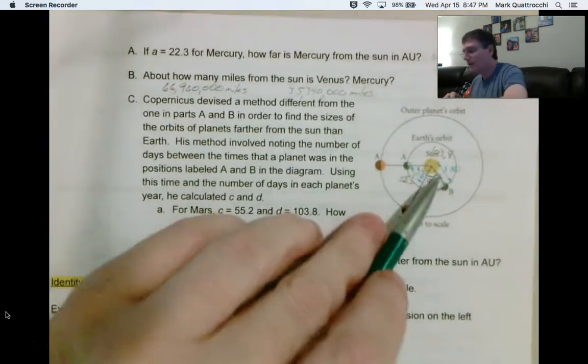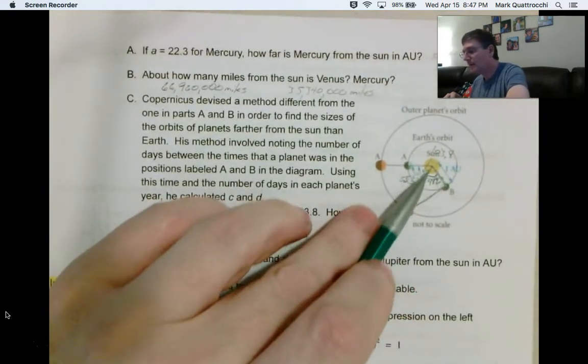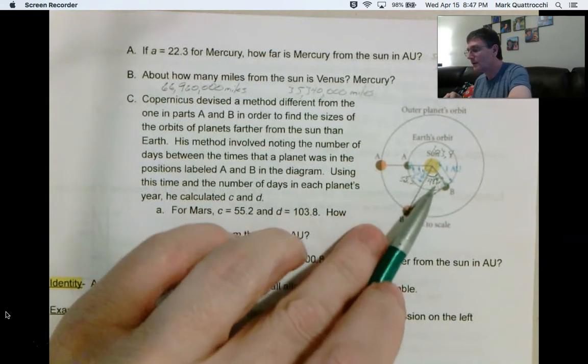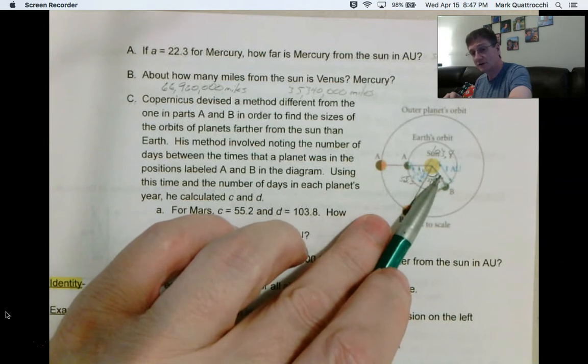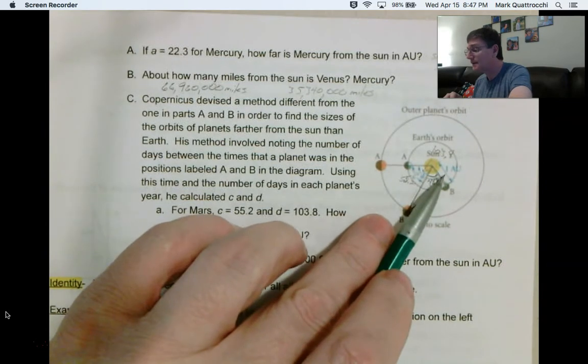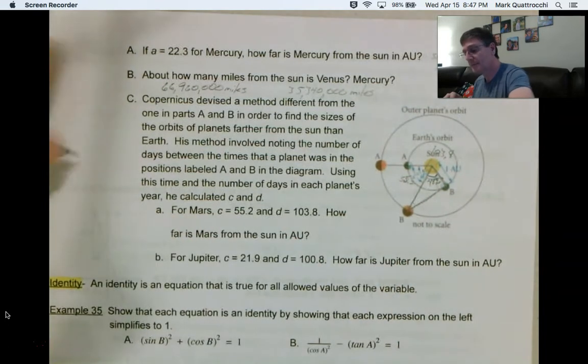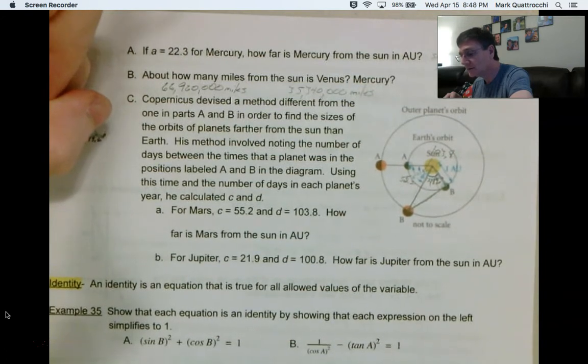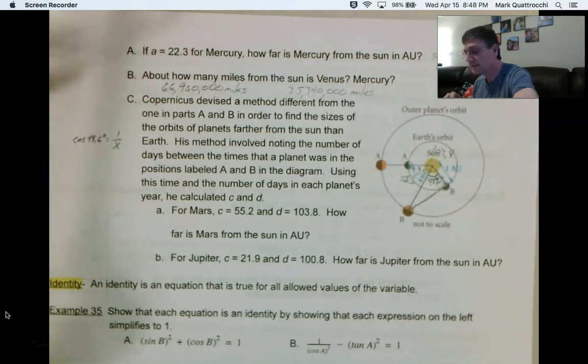Okay, this is 1. This is the length that we're trying to find. So now it's cosine of 48.6 degrees equals 1 over x.